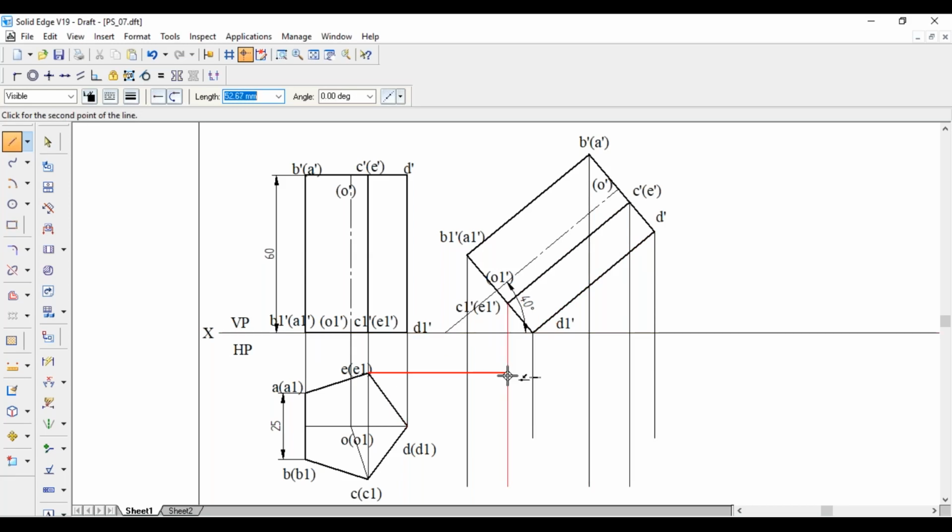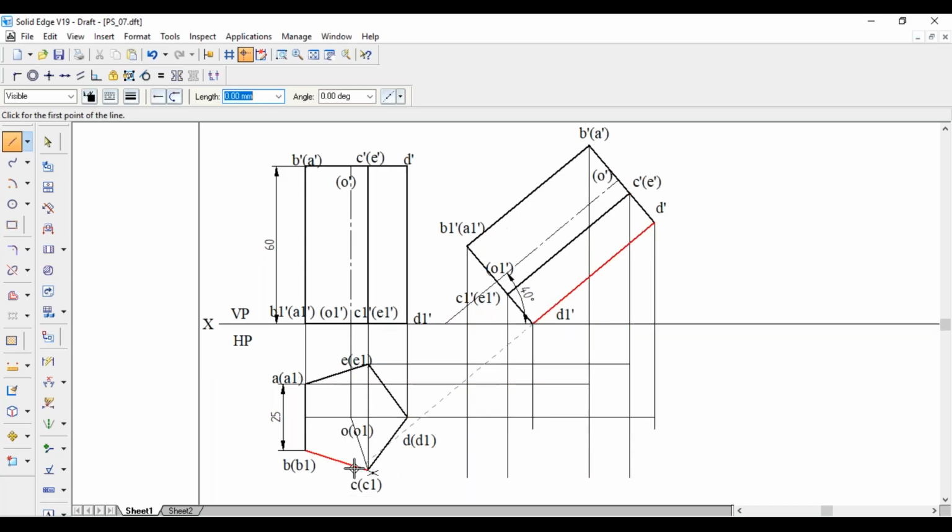So E1 will get here. E will get here. A1, A1 dash on this line. So A1 will get here and A will get here. So D1, D1 will get here and D here. Similarly, B1, B1 will get here and B at this point. And last one is C1. C1 will get here and C will get here.